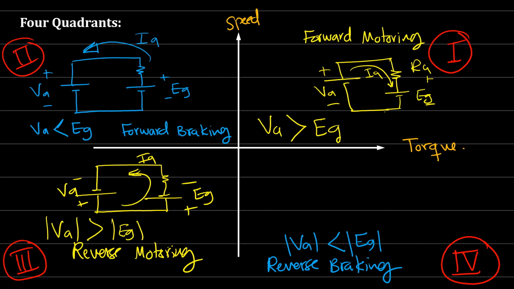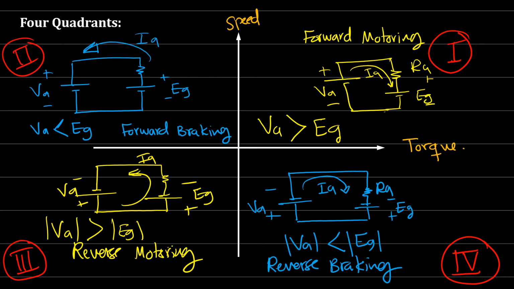Okay, so this is EG minus plus, VA, right? and RA, everything in the opposite direction, IA in this direction. Here is braking, the torque is positive, but the speed is negative. So as if we are in the opposite direction. Braking, but in the reverse direction.